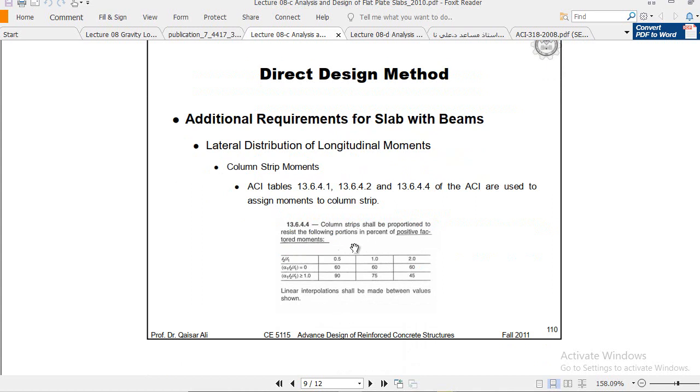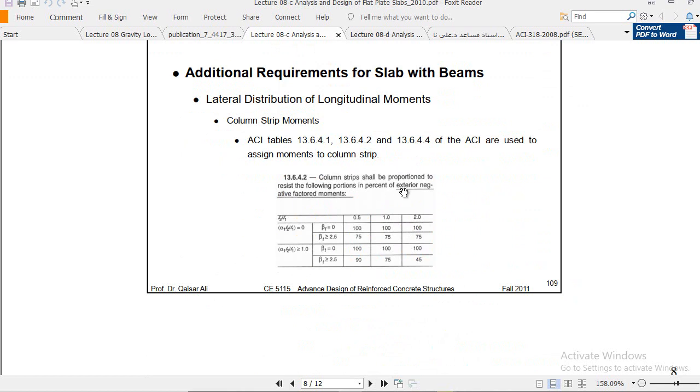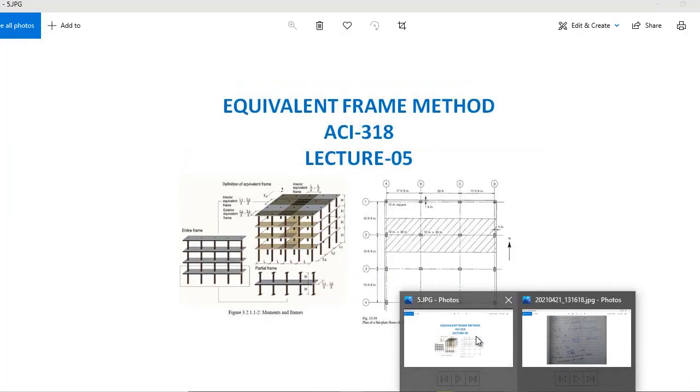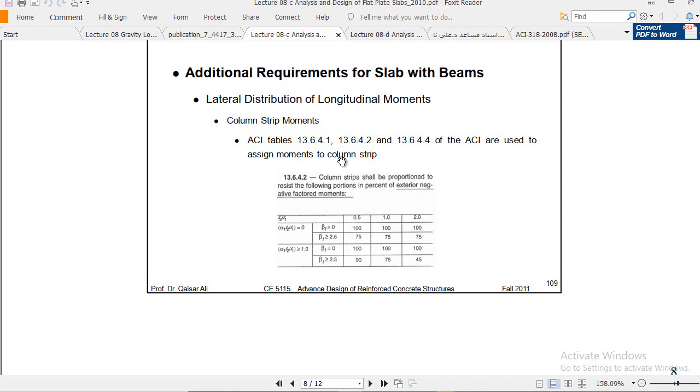Here you see positive factored moment. This table will be used to find the coefficient that will distribute the positive moment in the lateral direction. And in this table, exterior negative moment: if you are distributing this negative exterior moment in this direction and in this direction, the coefficient can be found using this table.